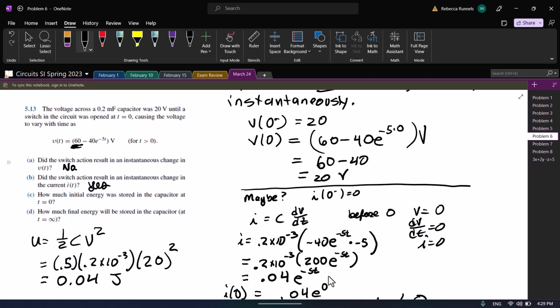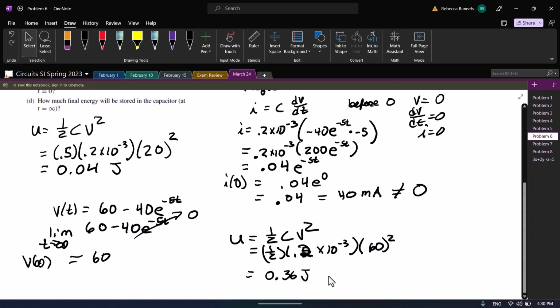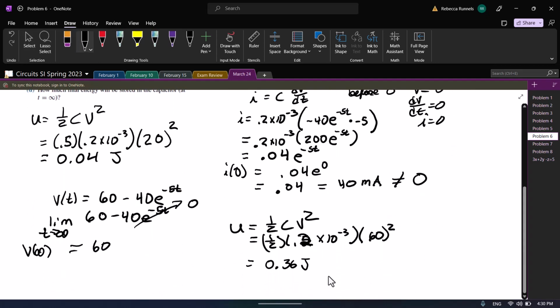Now, you're subtracting some off at the beginning, but as t gets bigger, this part goes away. So the switch action is basically saying, I'm turning on a battery with 60 volts. So that's how I have more. And that makes sense then that at infinity, my capacitor will also have 60 volts.